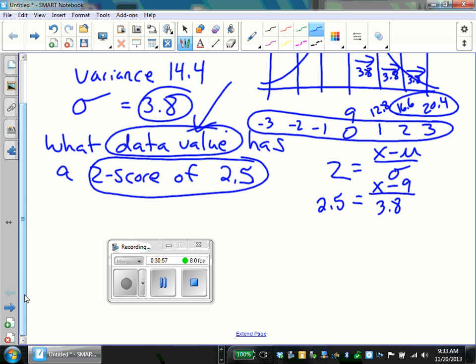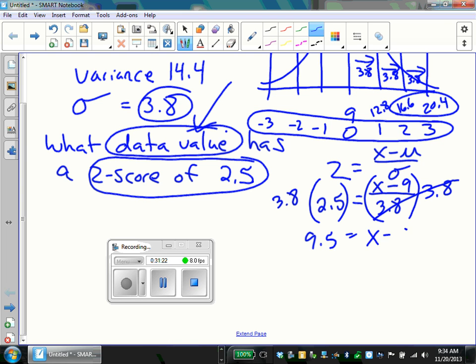So I'm going to times this by 3.8, and I'm going to times this by 3.8. If you wanted to, you could have divided and done x over 3.8 minus 9 over 3.8, but you're still going to times by 3.8. What is 3.8 times 2.5? 9.5. What happens to the 3.8 here? They cancel, and you're left with x minus 9.